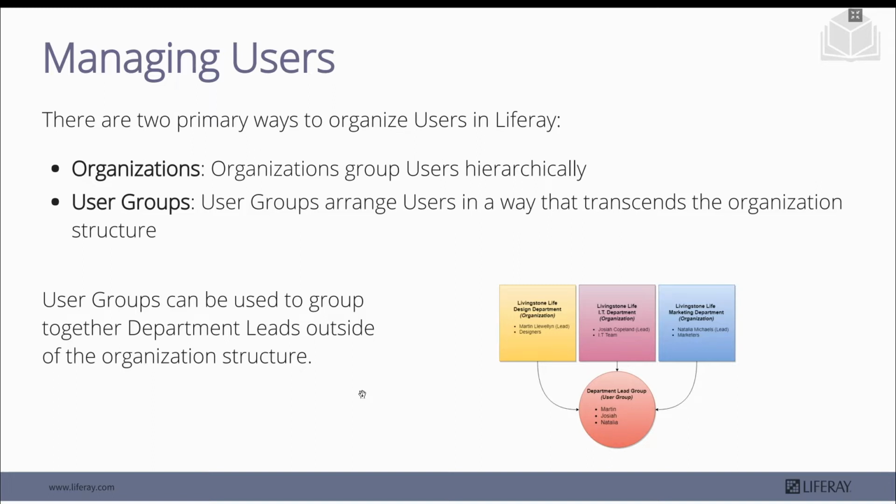What we can do is create a user group for the department leads, and then take each one of the users from the respective departments and have them as a member of the user group. So a user can be a member of an organization and a user group at the same time, and the user group will exist outside of the structure of the organizations.